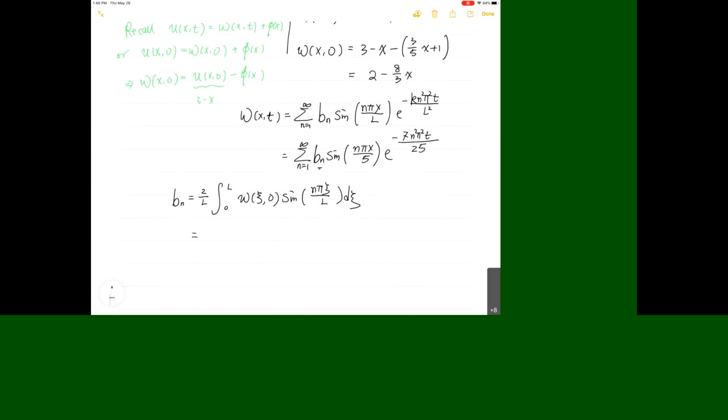So we have 2 over 5, integral from 0 to 5. And the initial condition is here: 2 minus 8 over 3 c, times sine of n pi c over L, d c, and that's it.